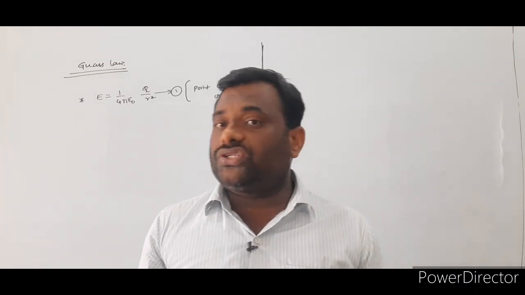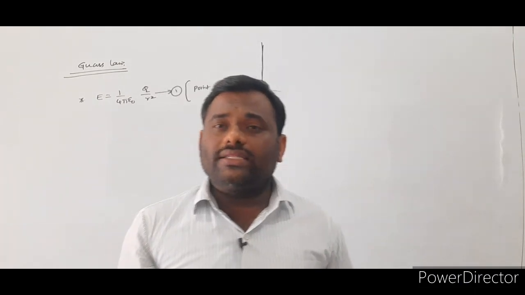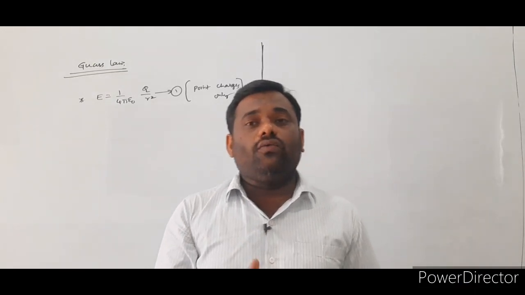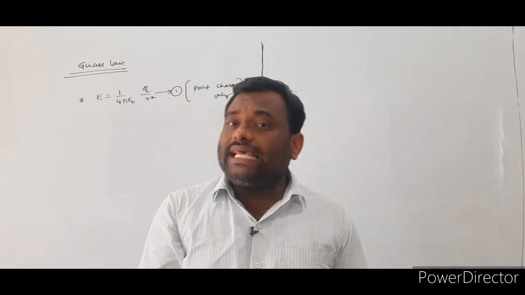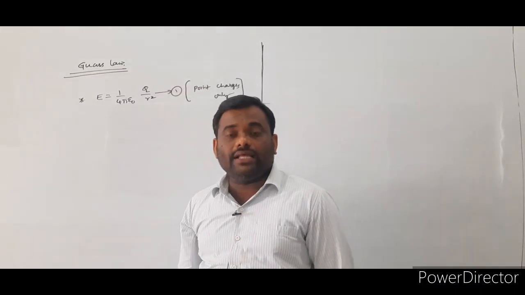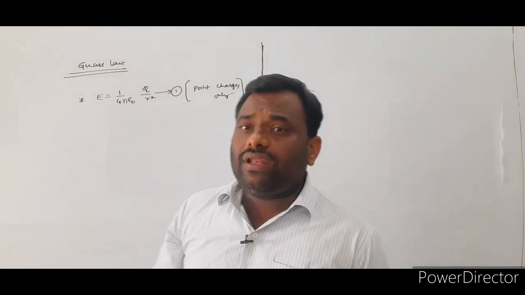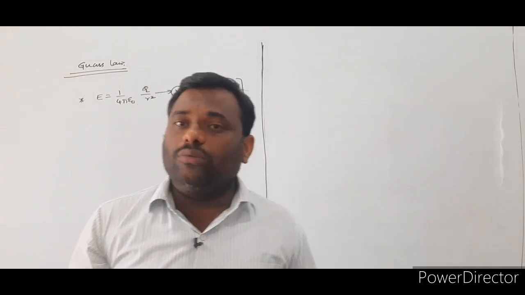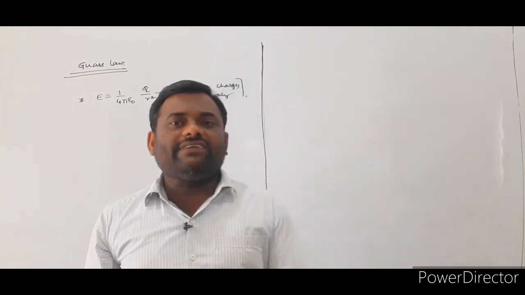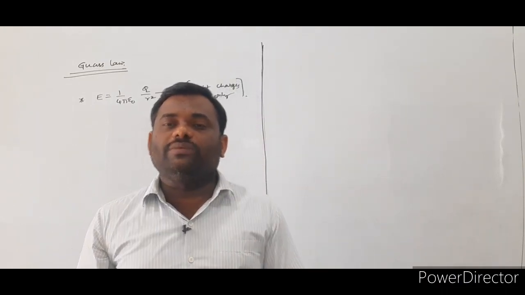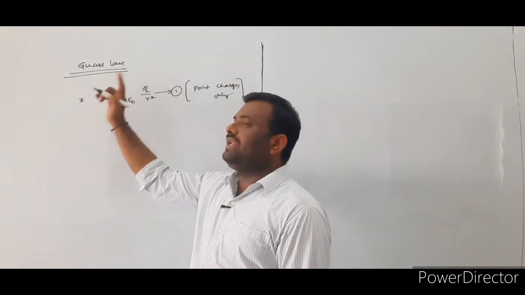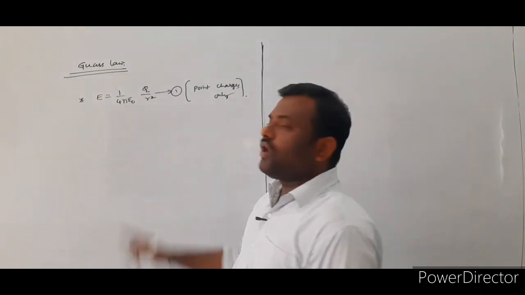Just now we discussed that different types of charge distributions are there: linearly charged objects, surface charged objects and volume charged objects. All these charged objects need not be point charges. Then how can we find the electric field intensity produced by such objects? For that purpose, one law is available, called Gauss law.